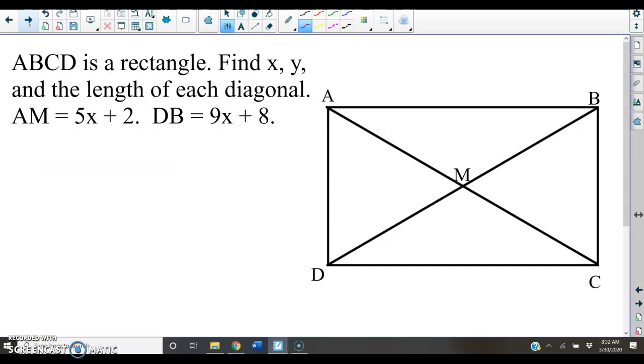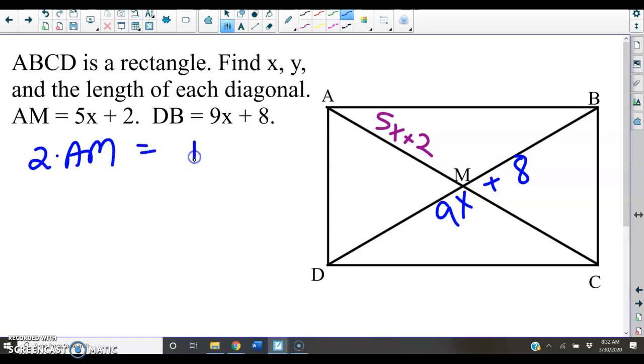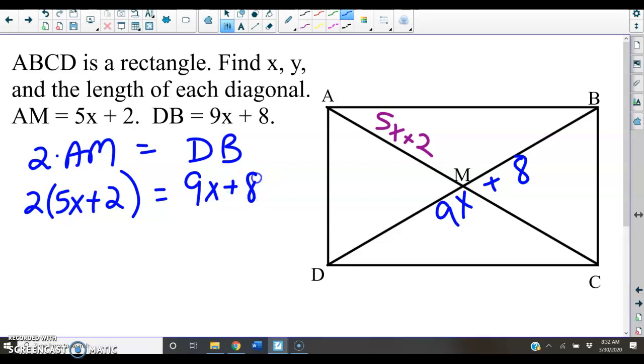So ABCD is a rectangle. Find x, y, and the length of each diagonal. So it says AM is 5x plus 2, and DB, this whole thing, is 9x plus 8. Okay, what you need to realize is that it's going to take 2 times AM to equal DB. So 2 times the 5x plus 2 equals 9x plus 8.